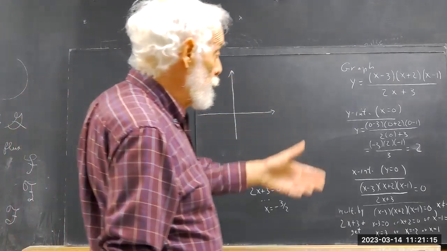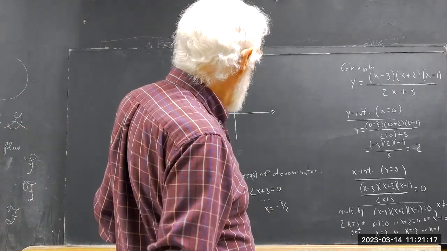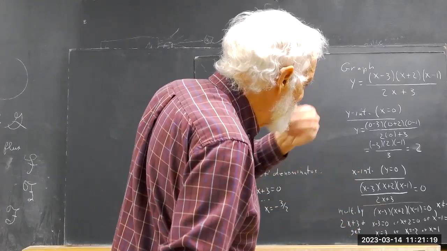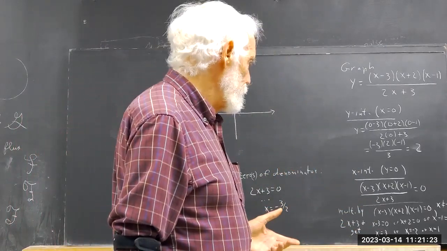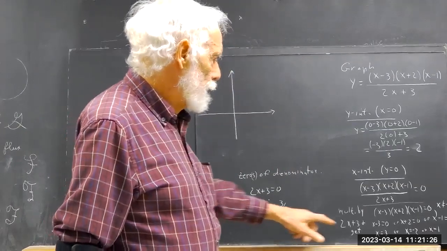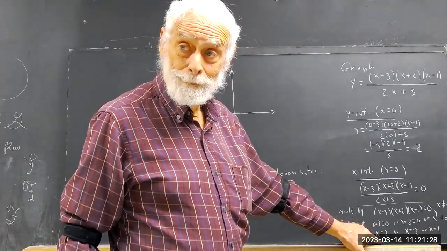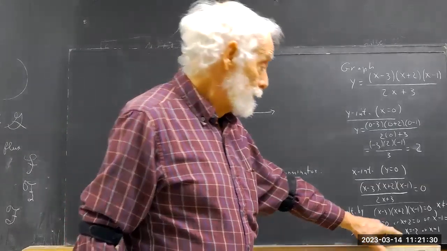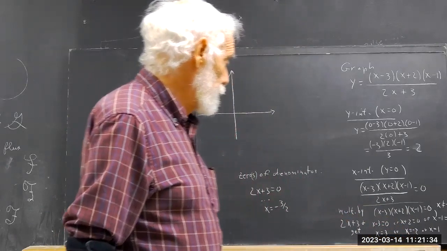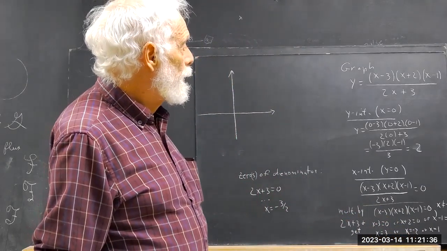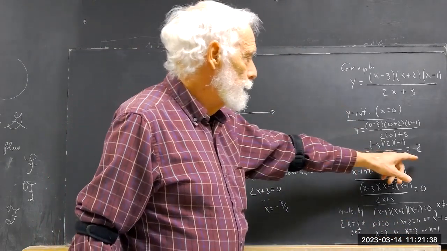Okay, so what are we going to do with this information? Now we know that the most important behaviors occur between x equals -2 and x equals 3, and our y-intercept is at 2.